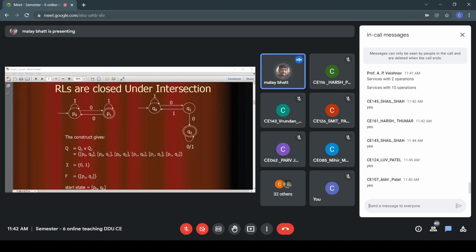It is indicating, if you look at the pattern which is accepted by the first regular language or finite automata, you can see it accepts. If anyone can write in the chat window.